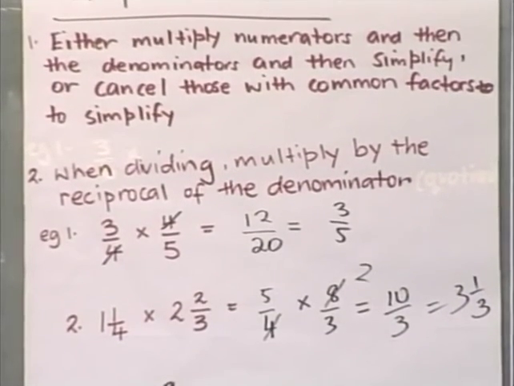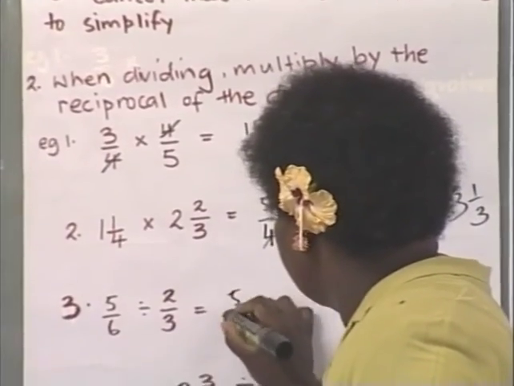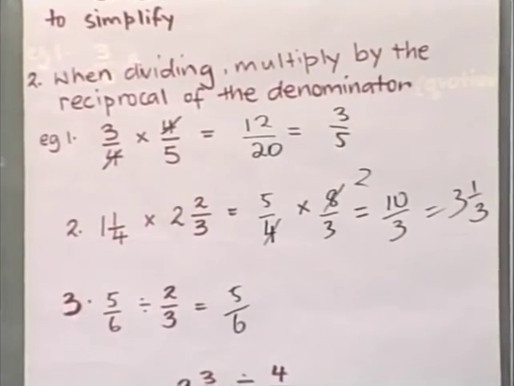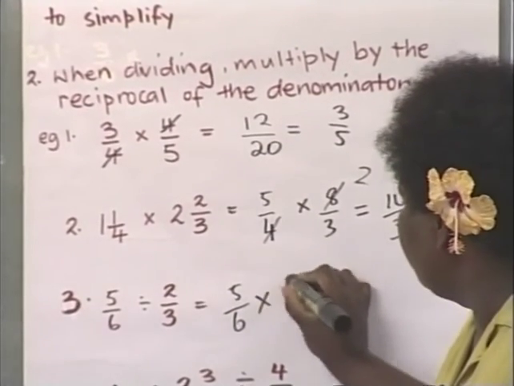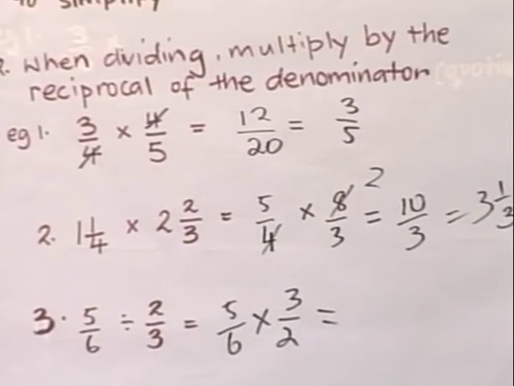Okay, 5 on 6 divided by 2 on 3. The second one here, you're dividing, so you have to multiply by the reciprocal of 2 on 3. So multiplied by 3 on 2. Okay, what's the answer? Someone work it out quickly and give us the answer.